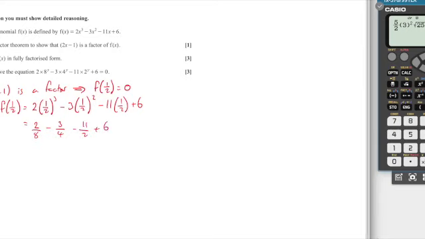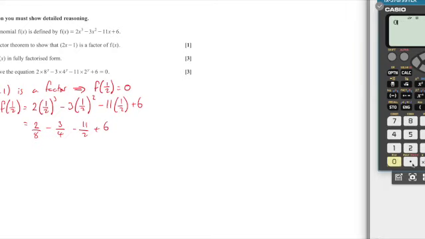Let's fire that in the calculator. So 2 over 8 is a quarter. So I've got 0.25 minus 0.75 minus 11 over 2 plus 6 is 0.